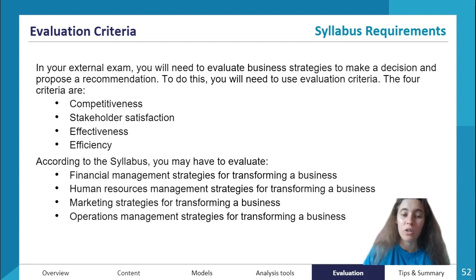So staying on top of all of them is important because you don't know what will be on your exam. Financial management strategies for transforming a business, human resources strategies, marketing strategies, or operations management strategies. So those 4 pillars, with your 4 key areas that you look at in business, could all come up in your external exam.